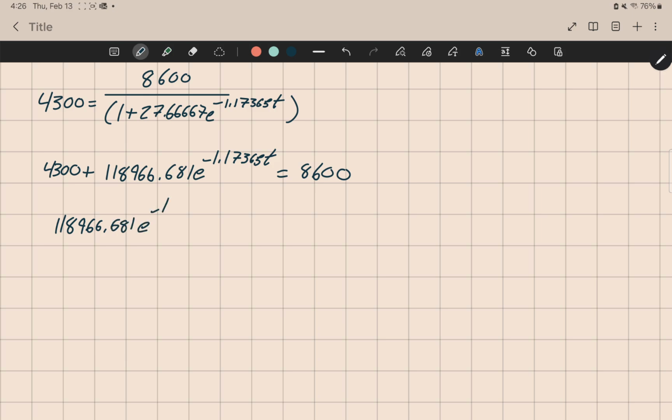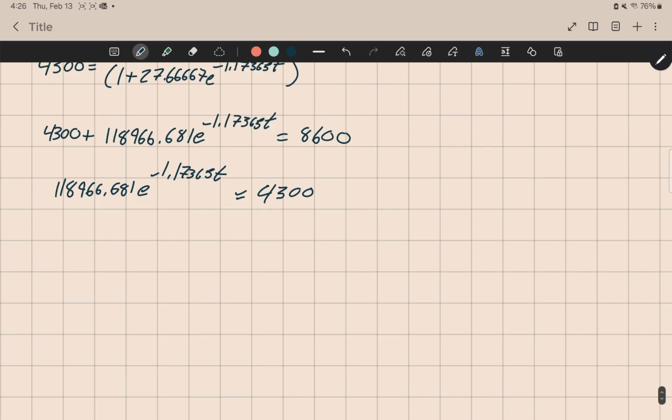So we end up with 118,966.681 e to the negative 1.17365 t equal to 4,300. And then we're going to divide that out. We're going to take 4,300, just trying to get e alone, so we can take the natural log.